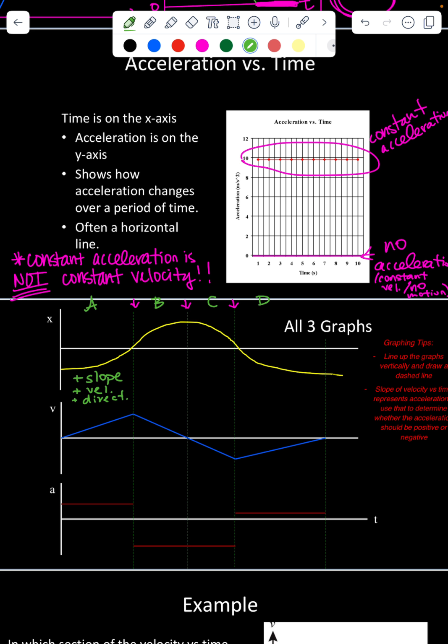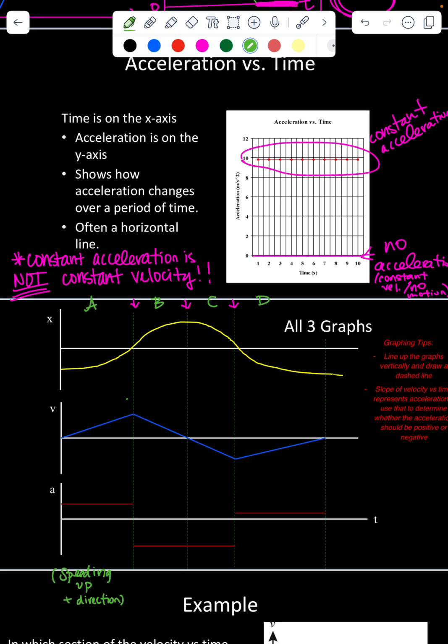If you look carefully, you should see that it goes from a less steep slope to a more steep slope. Less steep to more steep means that I am speeding up. So for segment A, I am speeding up in the positive direction.